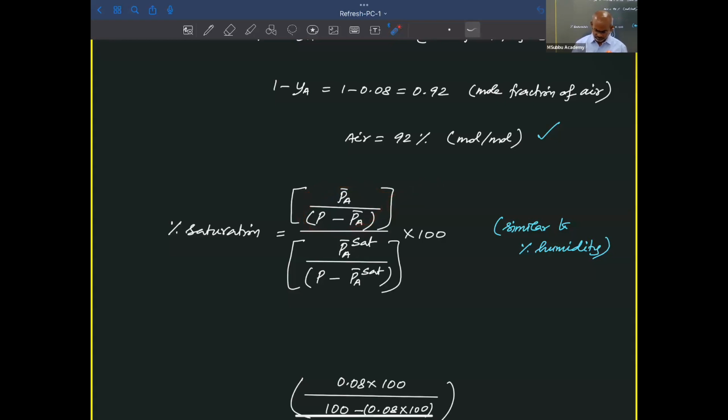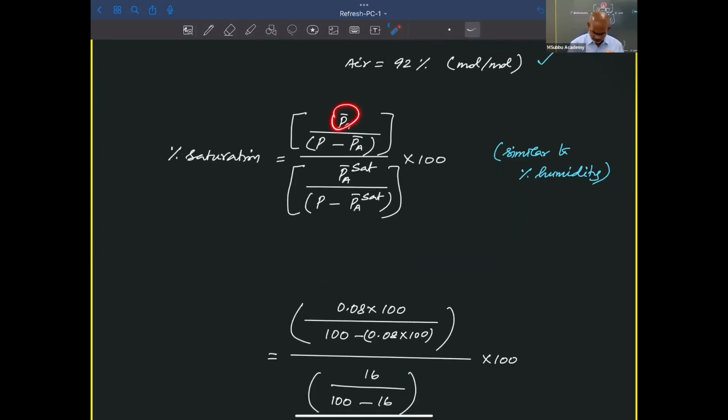Here there is no separate terminology. Okay. Percentage saturation is the partial pressure of the condensable divided by the partial pressure of the non-condensing, divided by the same ratio at saturation. So this is at saturation, and here at the actual conditions.